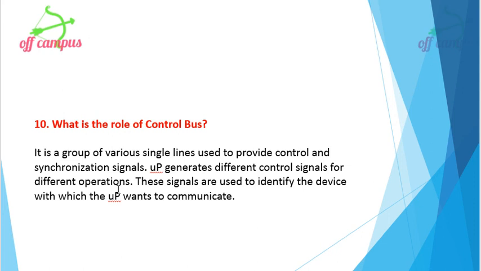According to the operation, it can generate different control signals. These signals are used to identify the device with which the microprocessor wants to communicate, and when or where to communicate. All that comes under the control of the control bus.